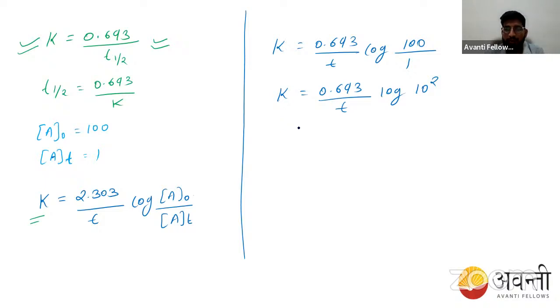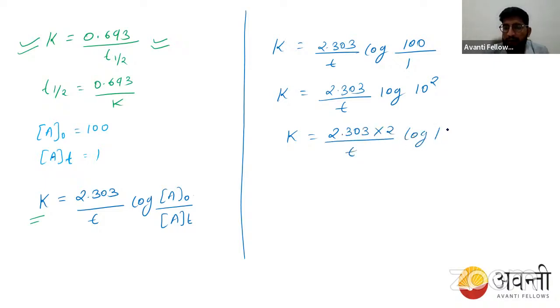So this should not be 0.693, sorry, it should be 2.303. So if I have log 10 to the power 2, K is equal to 2.303 into 2 upon T log 10.